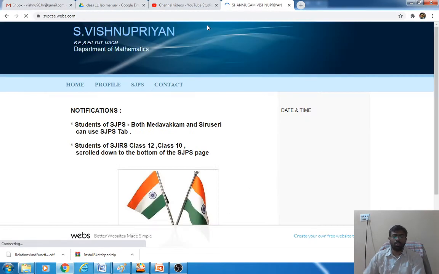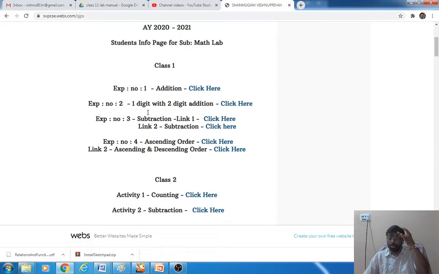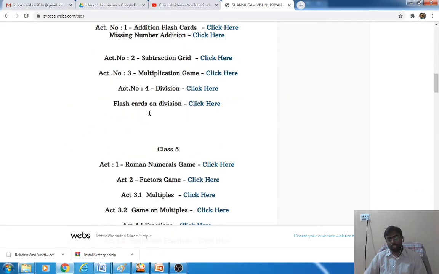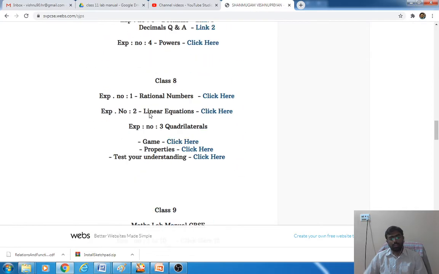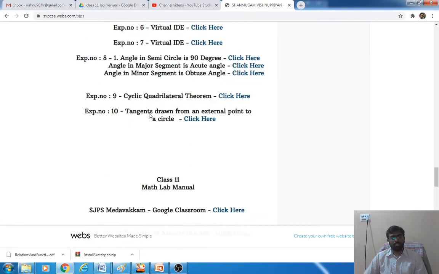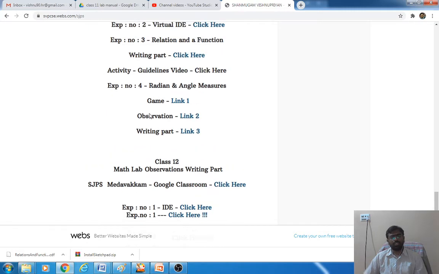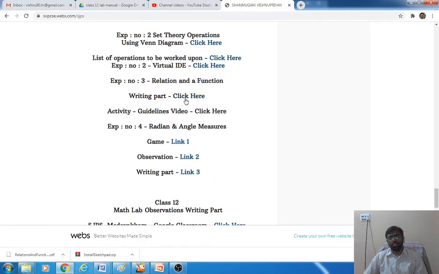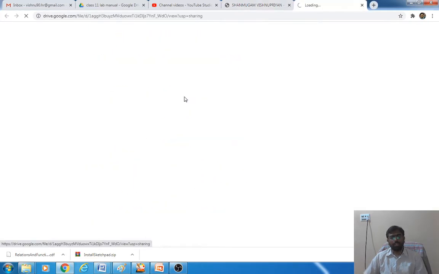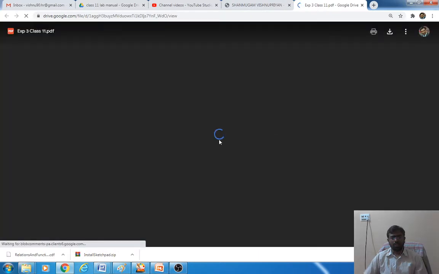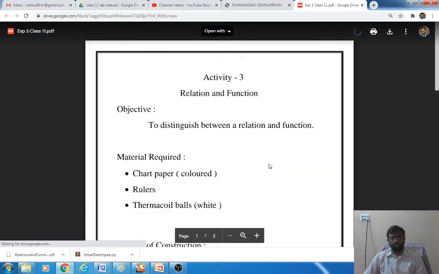Yes, the same URL. Click on your JPS tab, scroll down, you'll be seeing class 11. So under class 11 you can see experiment number 3. For the writing part, you will be given this particular PDF for writing.